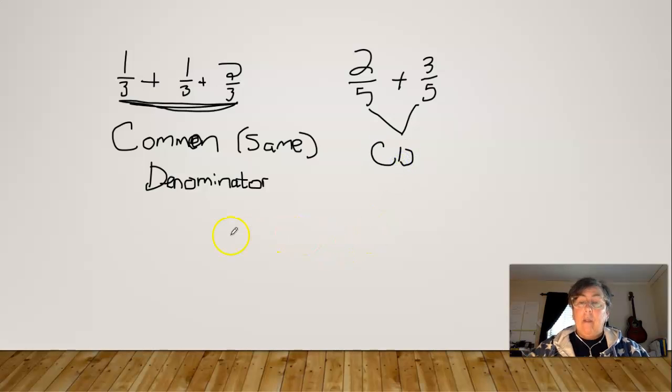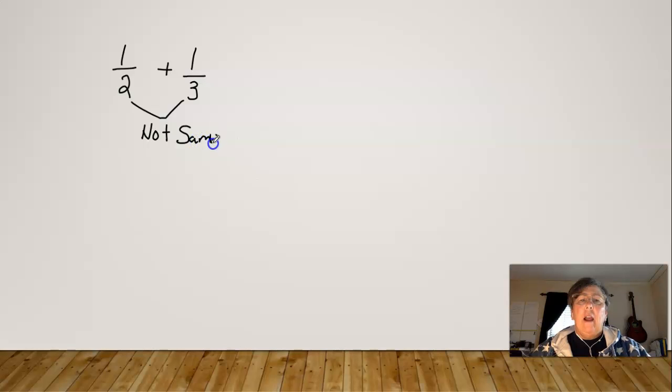But sometimes we get a fraction like 1/2 and we're going to add it to 1/3, and the denominators are not the same. If they're not the same, what we can do is find what's called the common denominator. And what we use is the multiples that I showed you in the last video.